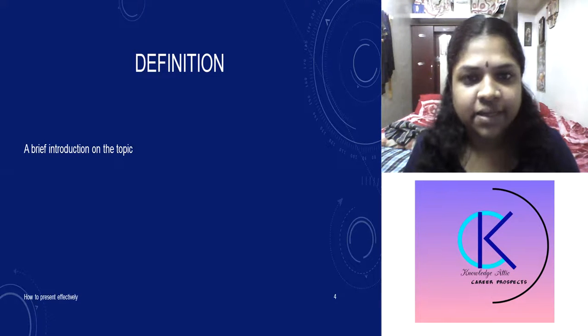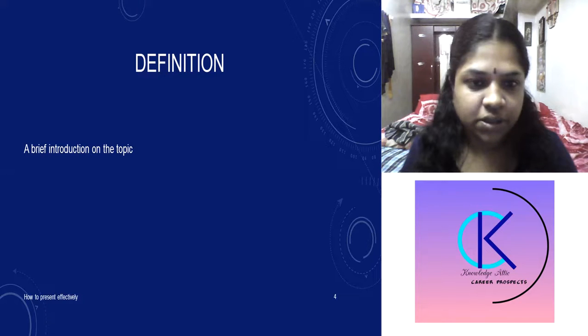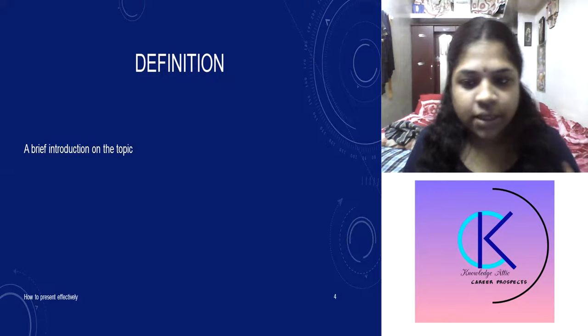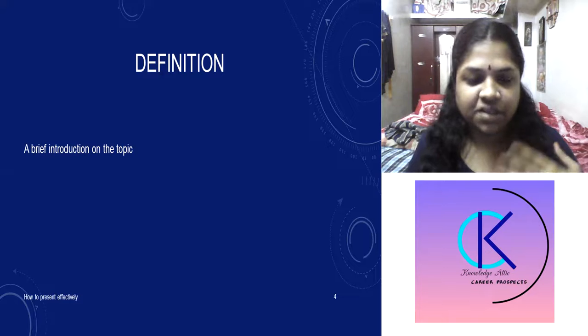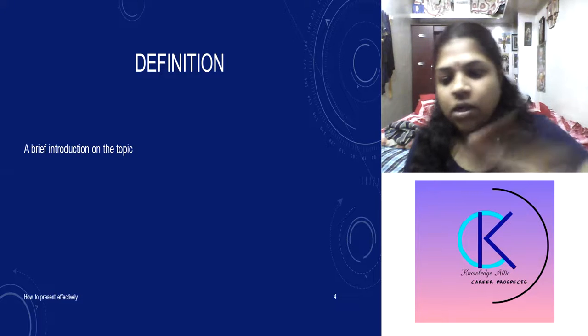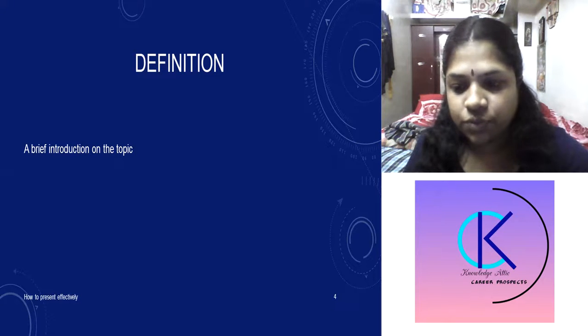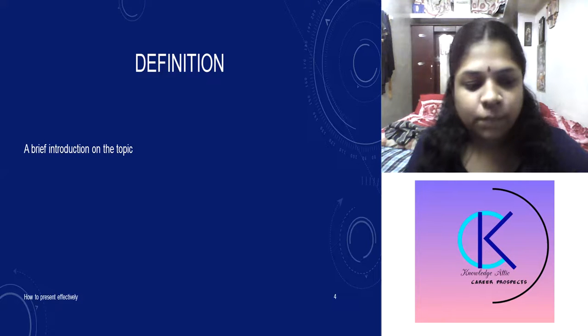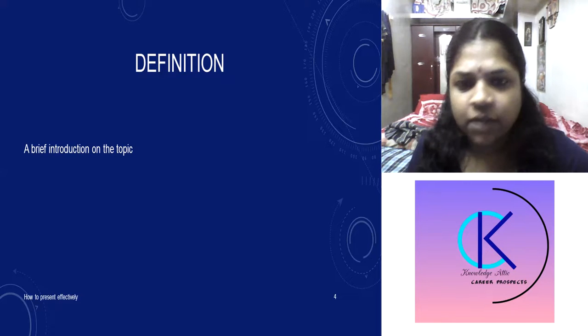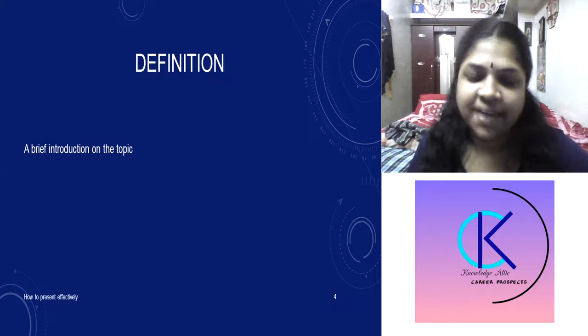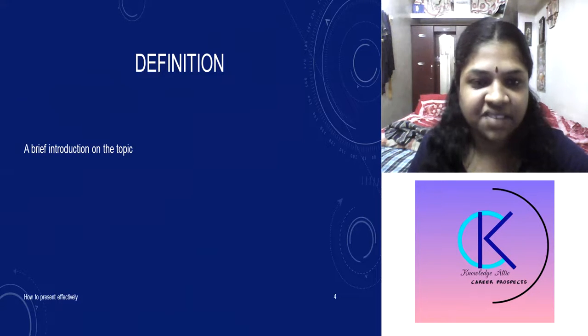A definition should be in the same way that has been given by the author. Here also I have included the footer, having the title and the number of the slide. I'll move on to the next slide.